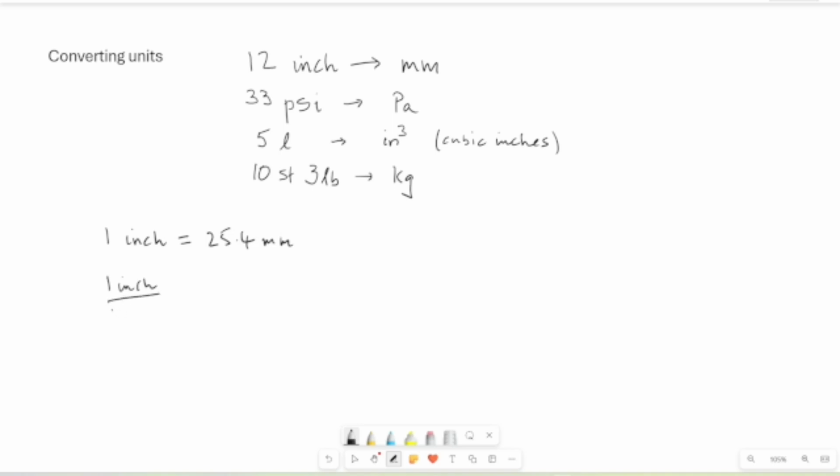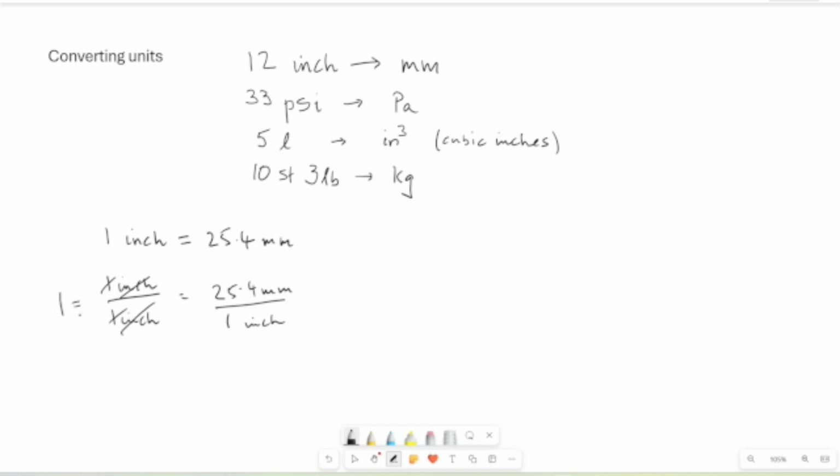So 1 inch divided by 1 inch equals 25.4 millimeters divided by 1 inch. And on the left-hand side, the numbers cancel, and we're left with 1.